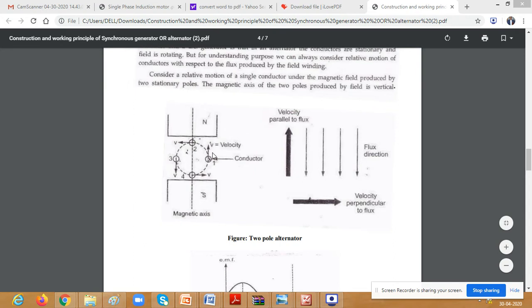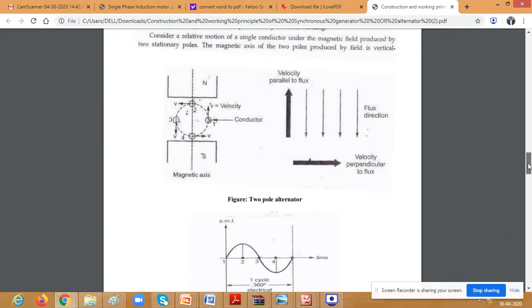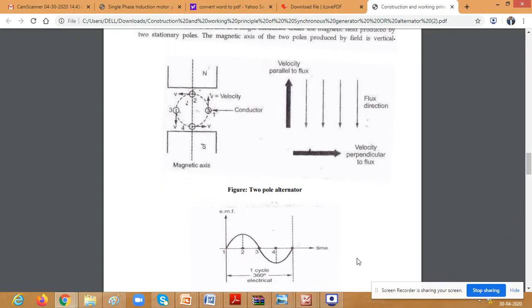When our conductor is in this place, the direction is parallel to our field, and in this case, when it is parallel, there is no EMF induced.